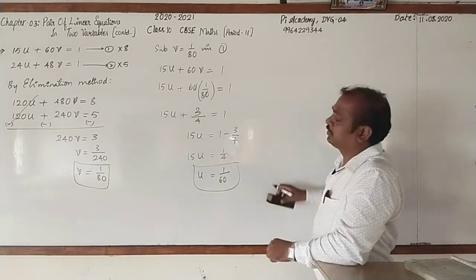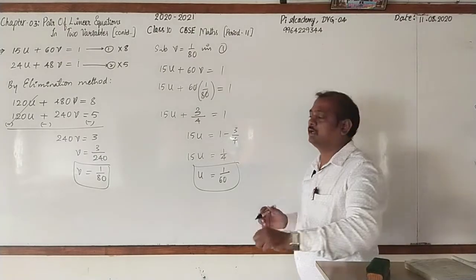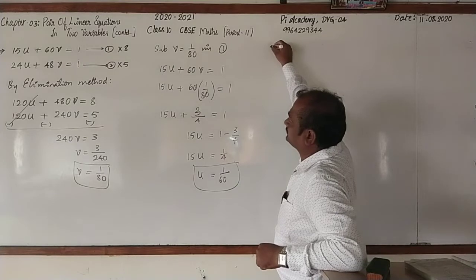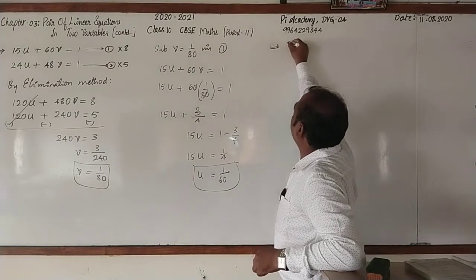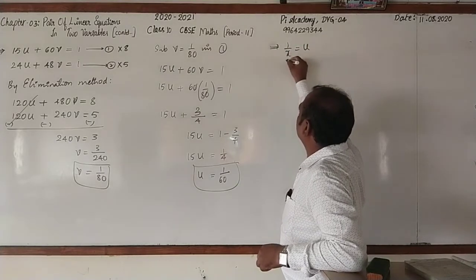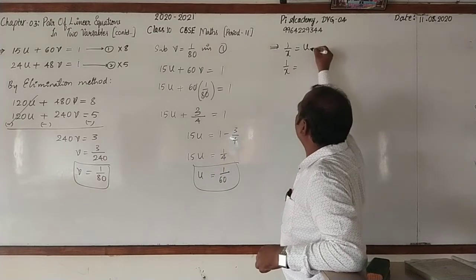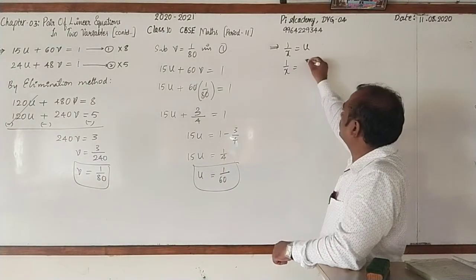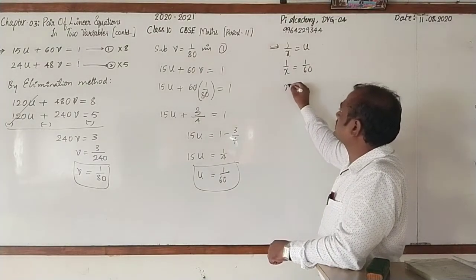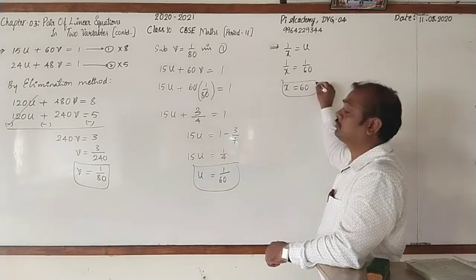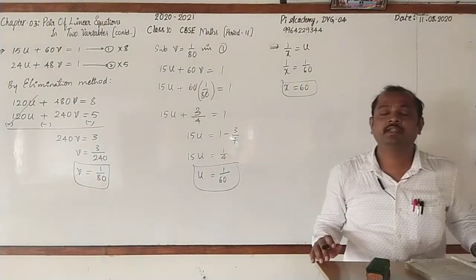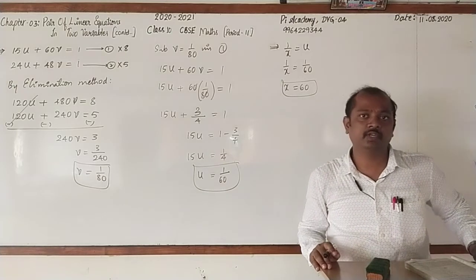Now we are going to find out the values of x and y. Here I'll write. 1 by x is u. What is u? u is 1 by 60. Then x is equal to 60. What does x indicate? It is the speed of the train, right?